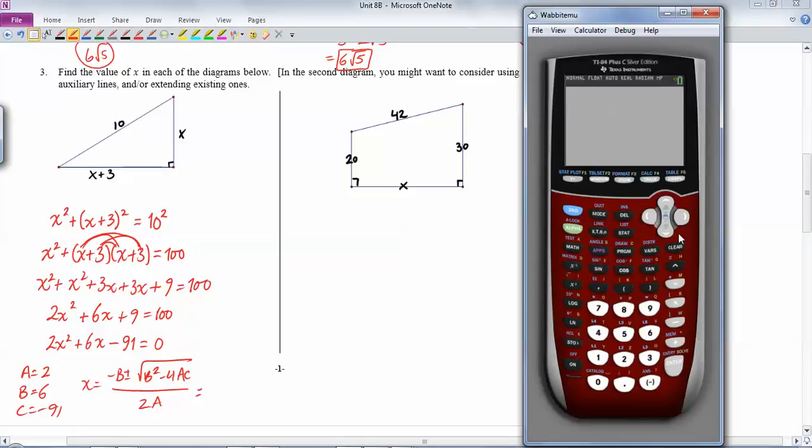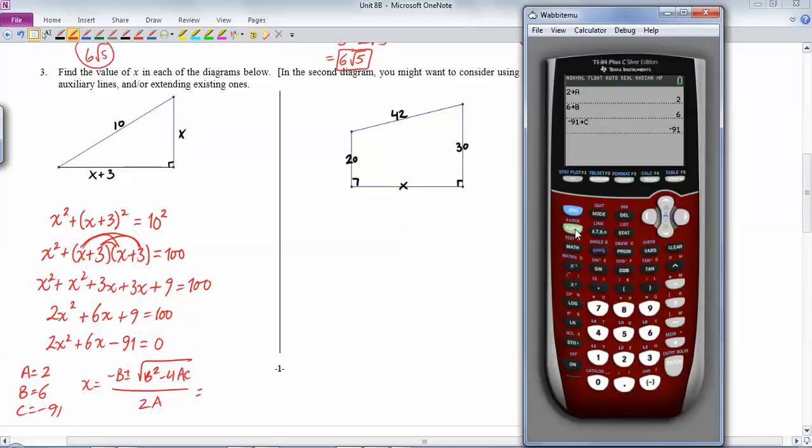So I'll store my letters. Let's see. 2 store as A. And 6 store as B. And negative 91 store as C.